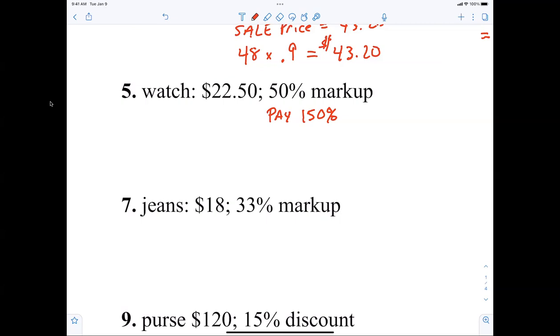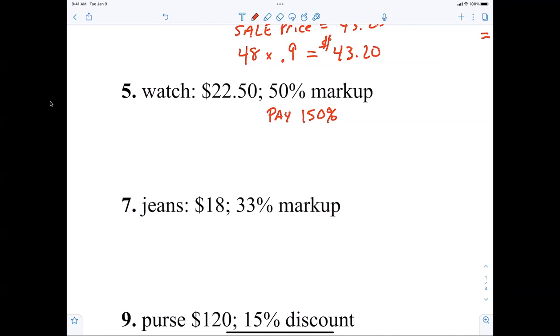You start with 100%, and you're going to add what? 50%. I never understood why this is difficult. Ever, never. You pay 100, you mark it up 50. That means you're going to have to pay what percentage? You're going to pay 150%. Come on, it's not hard, but you got to listen.